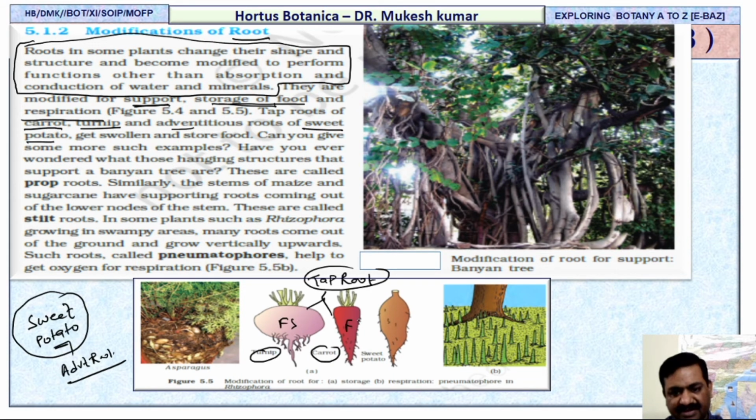Due to food storage they are swollen and get a particular shape, a conical shape. That's why the name of the root is conical root. See, this is a top-shaped structure. It is swollen at the tip and abruptly tapers at the bottom. So that's why it is called napiform. This structure is called napiform root. This structure is called conical root.